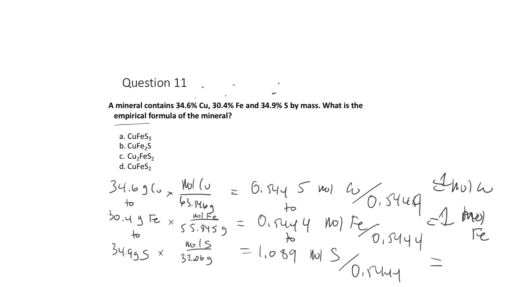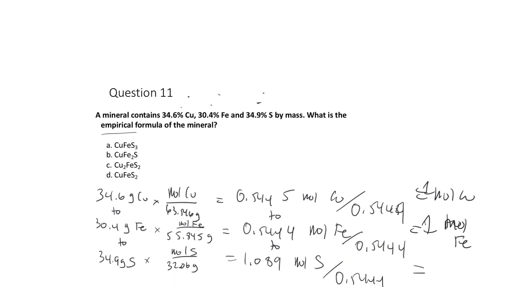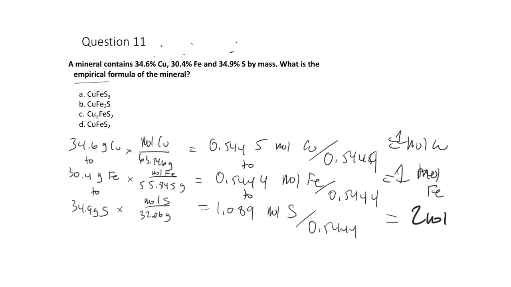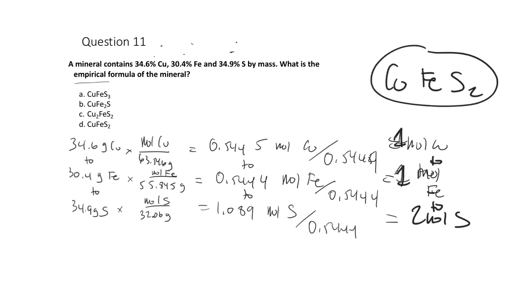And then 1.089 divided by that, so pretty clear that it's going to come out to 2. Just to double check, yep, that comes out to 2. So we get 1 mole of copper to 1 mole of iron to 2 moles of sulfur as our ratio. So CuFeS2 would be our empirical formula, the simplest ratio of those elements.